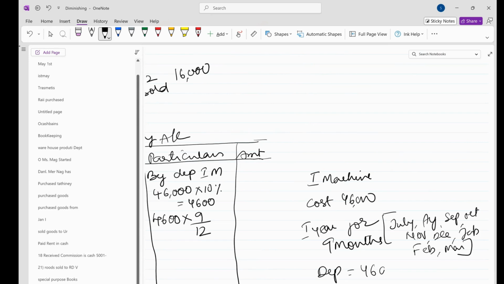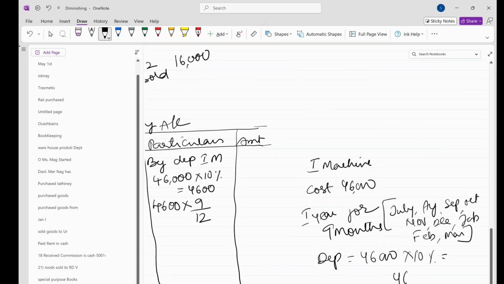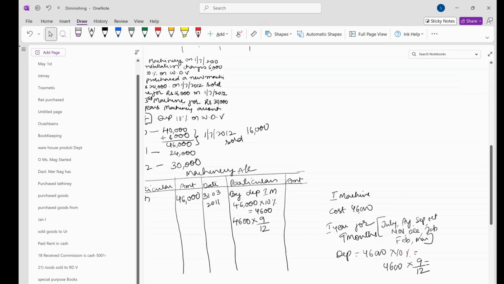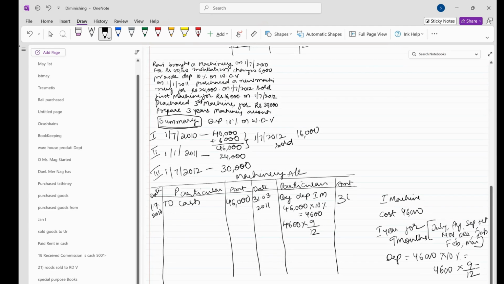Depreciation is equal to 46,000 into 10%, that is equal to 4,600. This is for 1 year, but we used only for 9 months. So 9 months means how much will you get? 3,450. Very good.